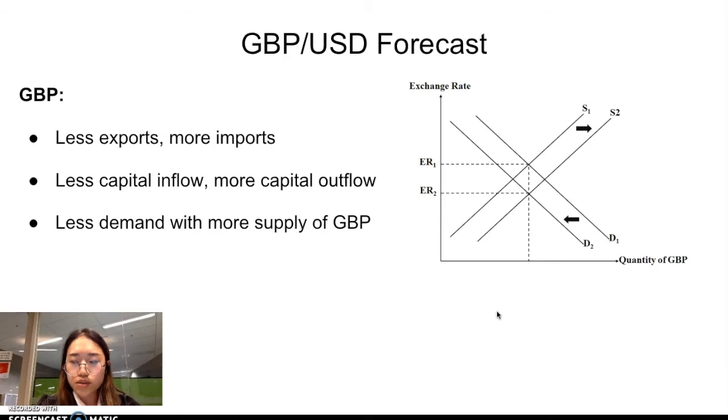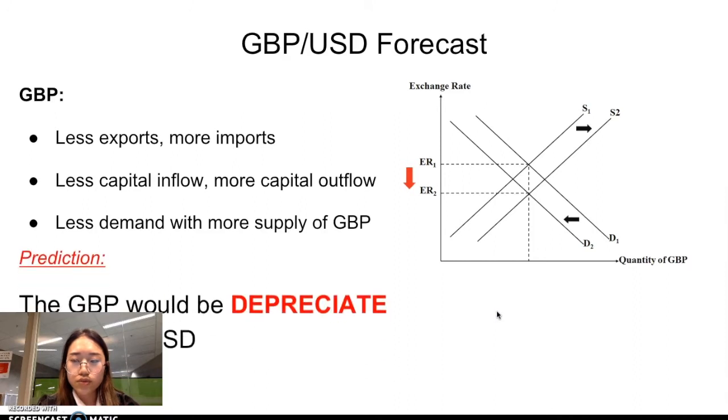Although expansion might lead to a higher level of investment, the net demand for GBP will decrease and supply will increase. Therefore, the demand curve shifts to the left, while the supply curve shifts to the right. Therefore, the GBP would be expected to depreciate against the USD within the next 3 to 6 months.